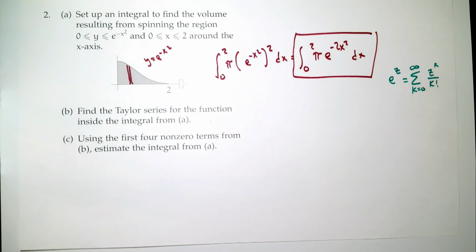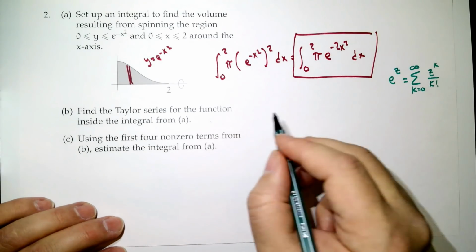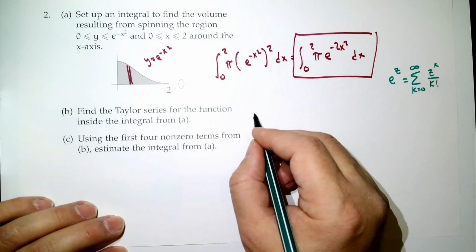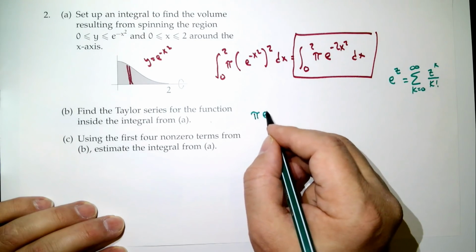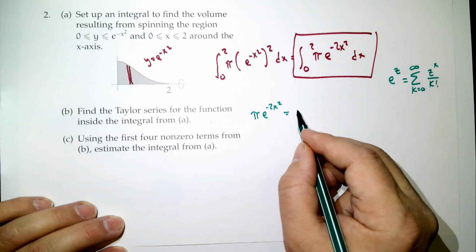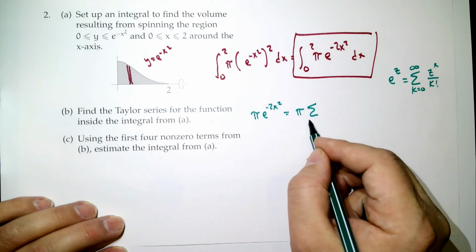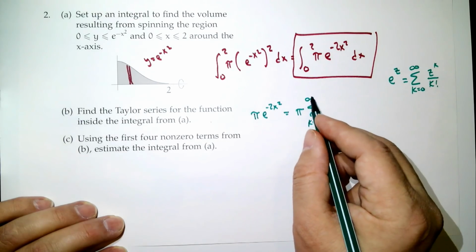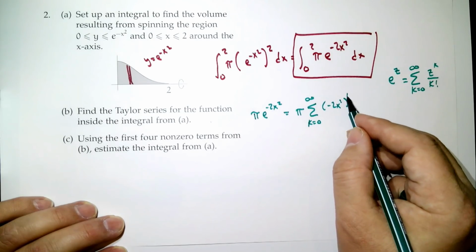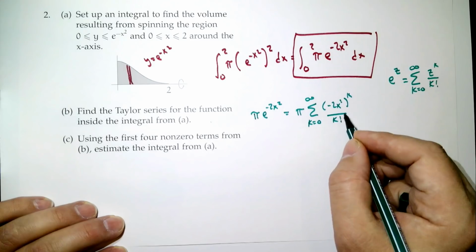Negative 2x squared. So if I take the pi, again, it doesn't matter whether or not you include the pi. The pi is a constant. So pi e to the minus 2x squared would be pi summation k equals 0 to infinity of (minus 2x squared) to the k over k factorial.